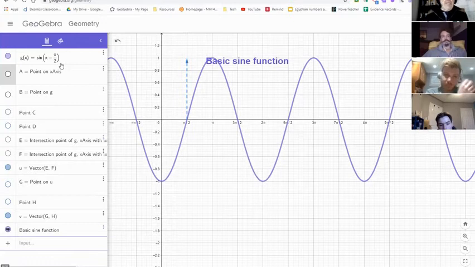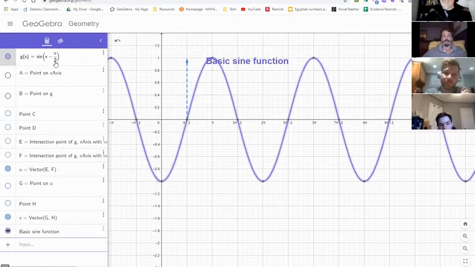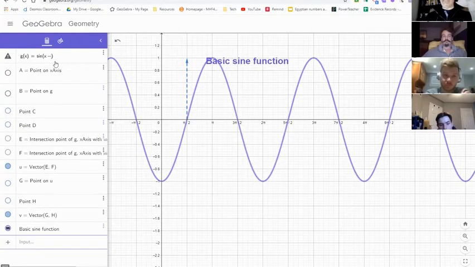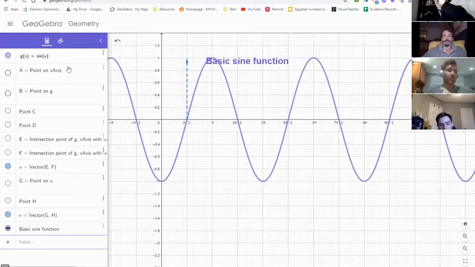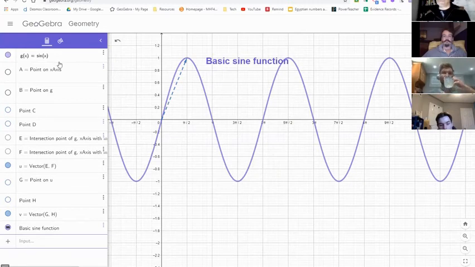This is obviously a horizontal shift, and it shifted pi over 2 units to the right. In terms of sinusoidal functions, all these transformations have special names. This horizontal shift we actually call a phase shift. The phase means where do the zeros begin, and how does it go up or down? Good.